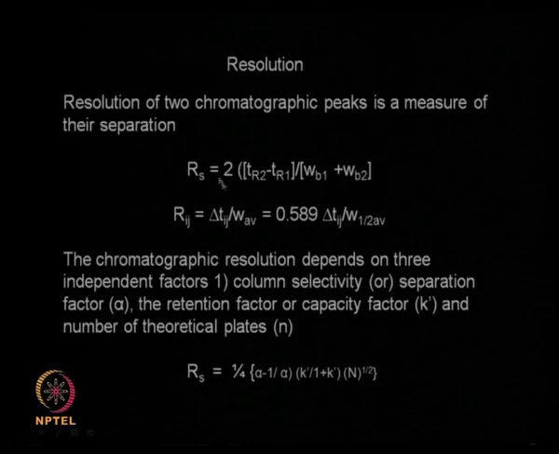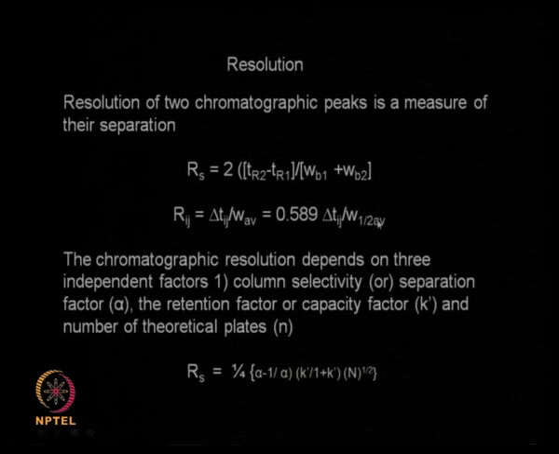So, resolution is given by 2 times the difference in the retention time divided by the sum of the widths of the bases of the two components, or we can take the width at half maximum, W half, then resolution is given by 0.589 delta T ij, that means the difference in the retention time of component i and j divided by the average of the width at half maximum.